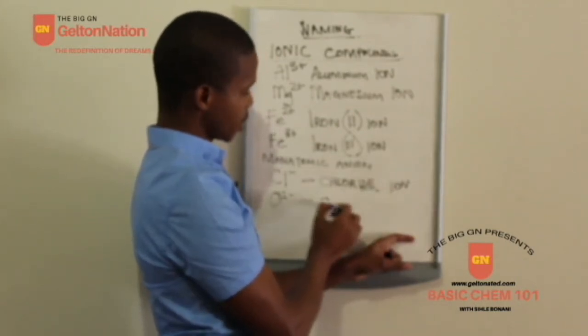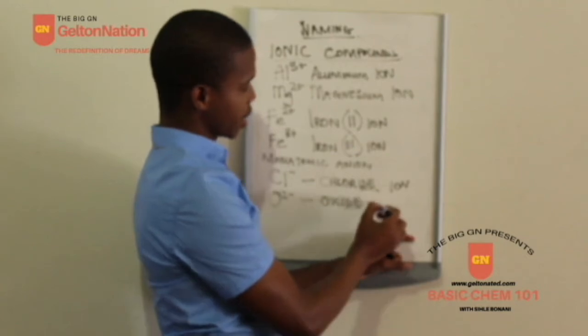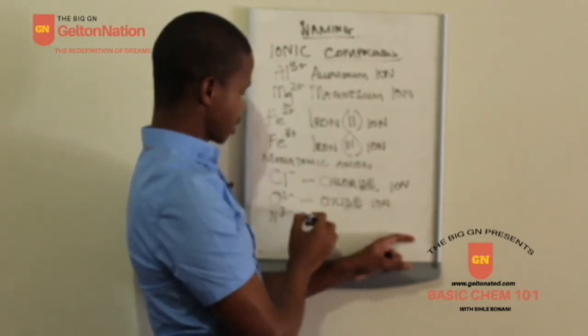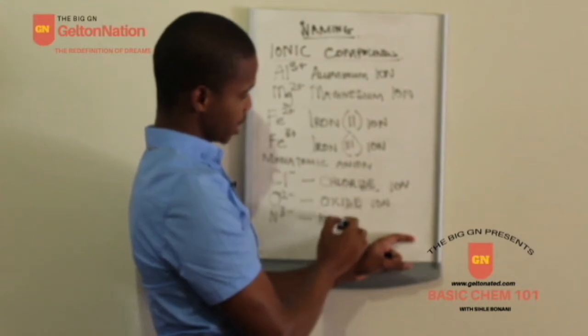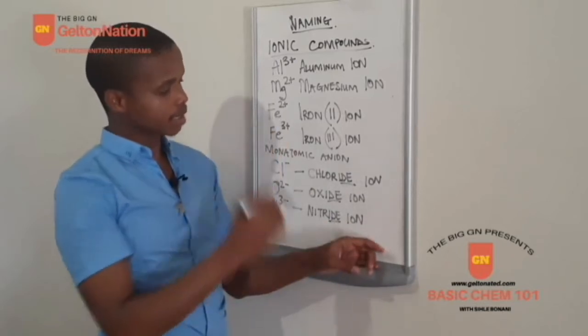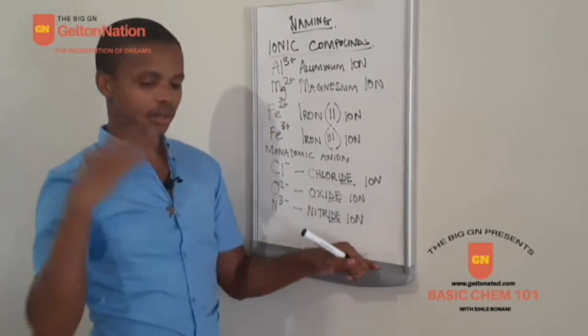For oxygen, it's gonna be your oxide ion. Let's say for nitrogen, it's gonna be your nitride ion.